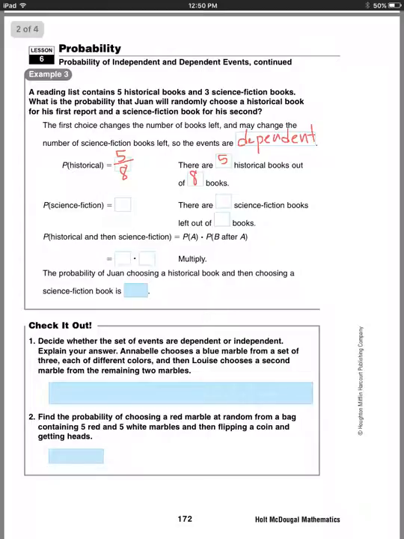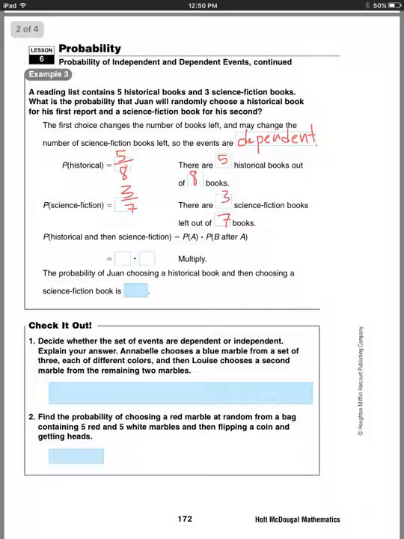So now we're saying that the number of books is 7, and that there are 3 science fiction books. So 3 out of 7. Okay? Because there's still 3 science fiction books, because that's a 3, not a 5, by the way. He already grabbed his historical book.